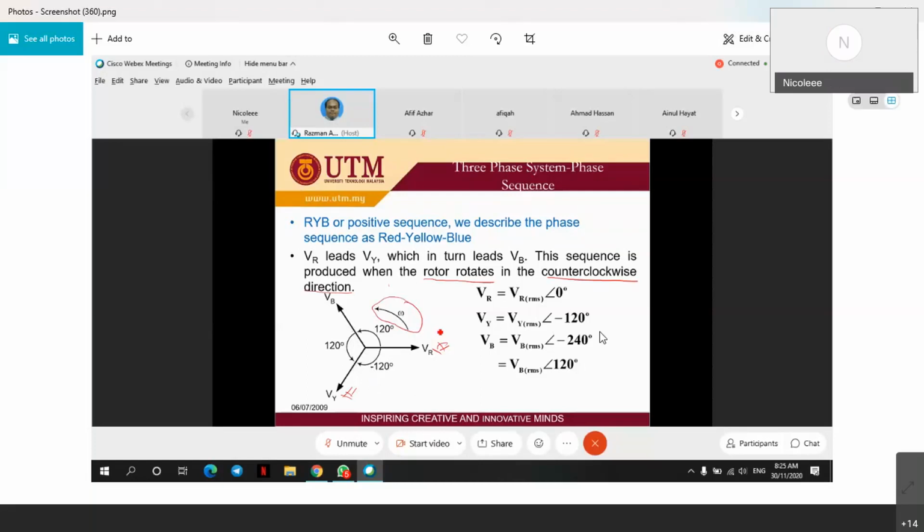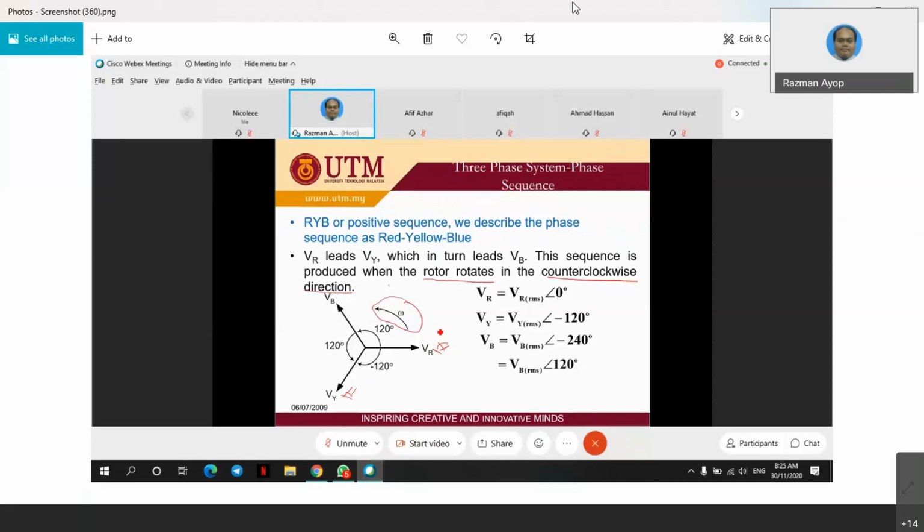Negative 240 is actually 120, it's the same. It doesn't have to be negative? Yes, because it's the same. Negative 240, if you draw it again, is the same as positive 120. But the arrow is going in the positive direction, it's not supposed to go negative.